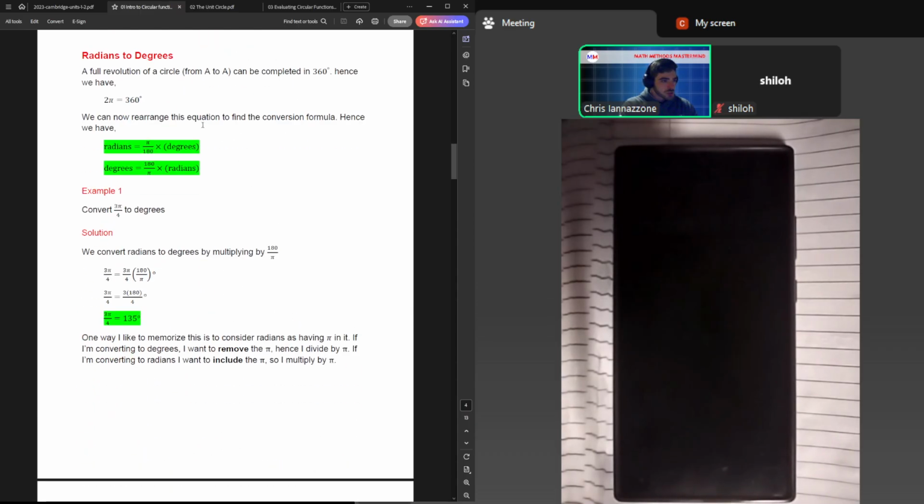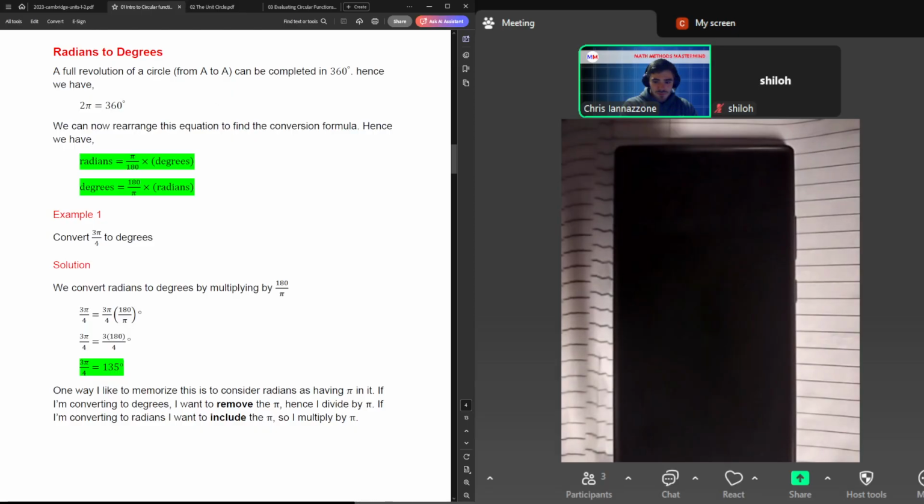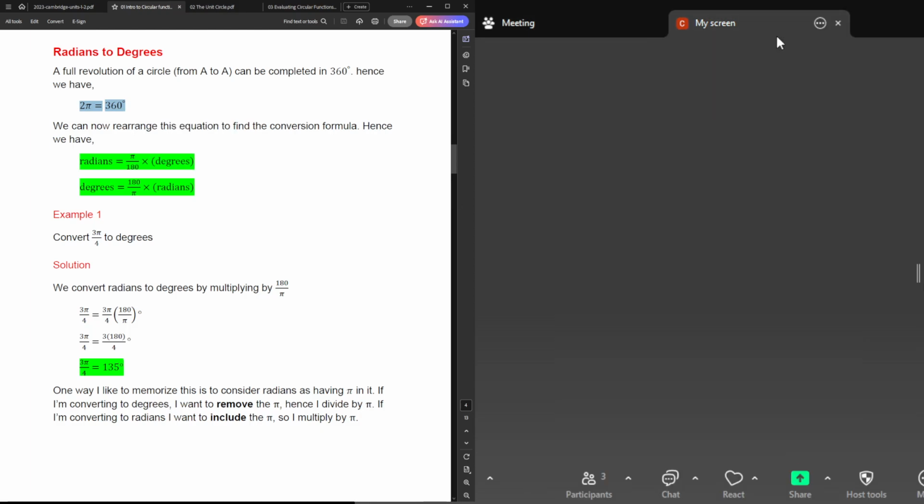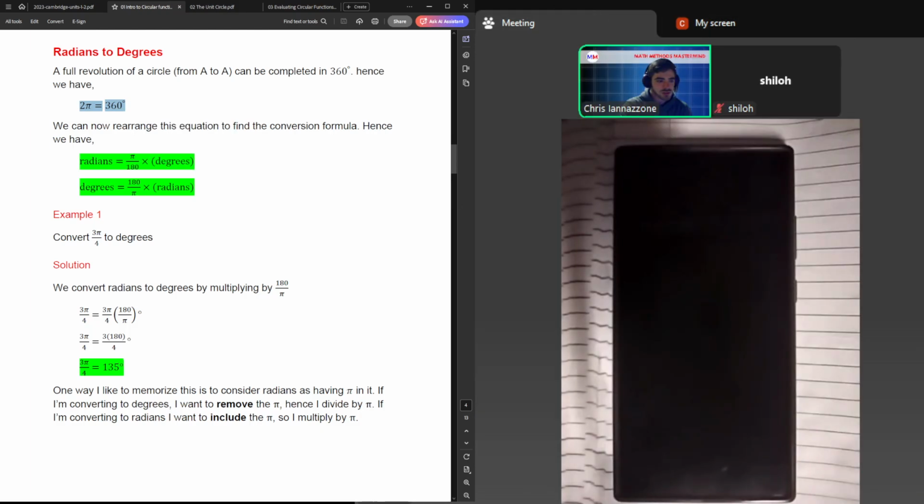And so if you ever want to convert between radians and degrees but forget which way it goes, the basic equivalent is that 2 pi is the same thing as 360 degrees. And so if all else fails, just start with this and rearrange whichever one you particularly want. In the case of radians, you multiply by pi and divide by 180. I personally think of this as putting pi into the equation.